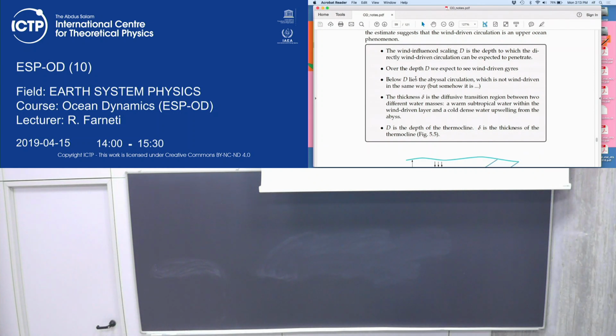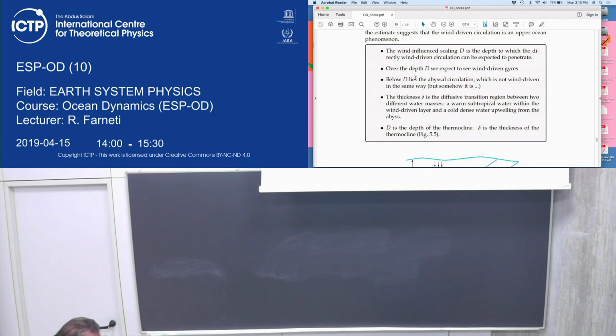The diffusive scaling gives you the thickness of this thermocline, the transition region between the two water masses. You remember the warm water at the top and the cold water at the bottom. They are diffused, so the cold water gets mixed by diffusivity and becomes warm water.